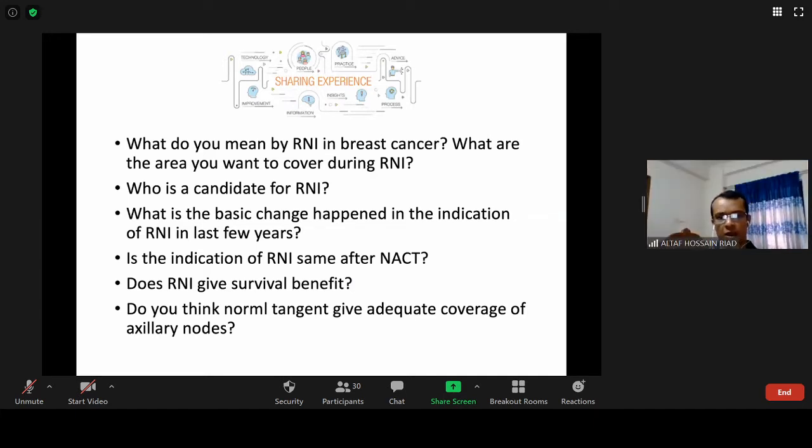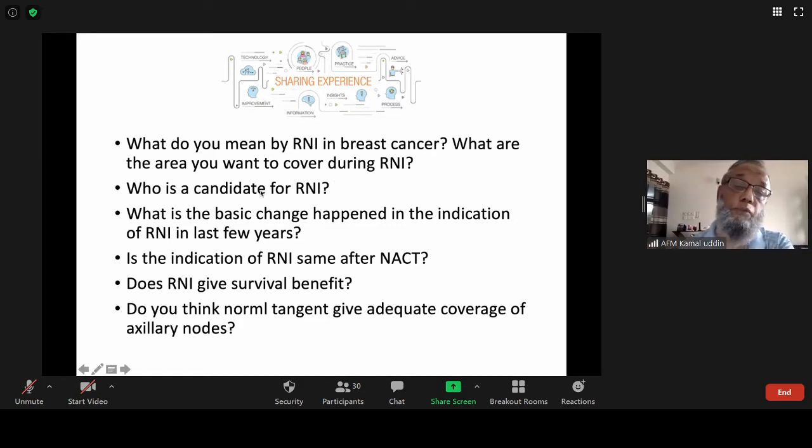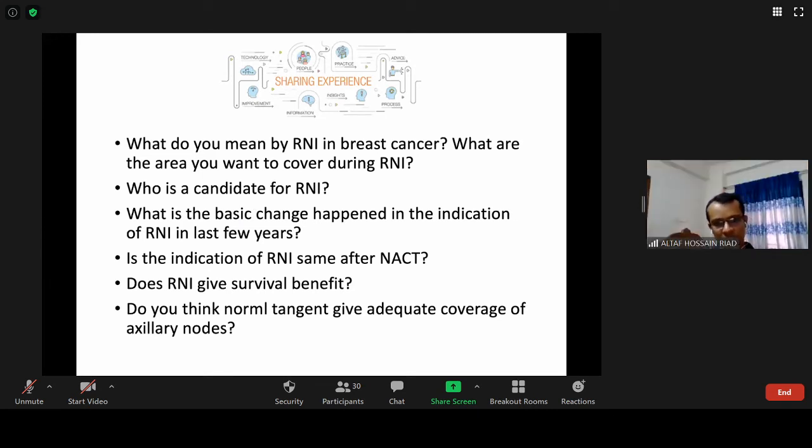It means irradiation of the regional node, means axillary lymph node, and along with supraclavicular lymph node, along with whole breast or chest wall. Okay. So, who is the candidate for RNI, you think? Sir, any node positive disease is a candidate of regional nodal irradiation.